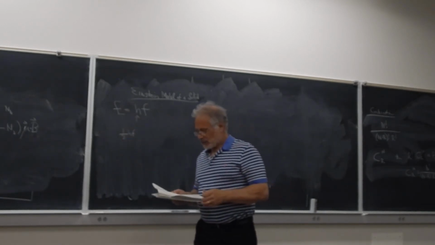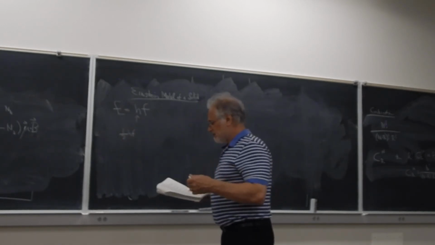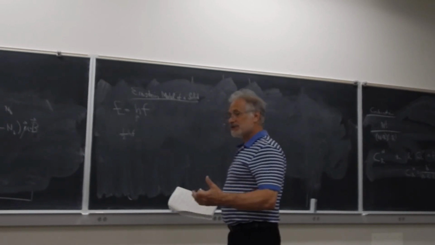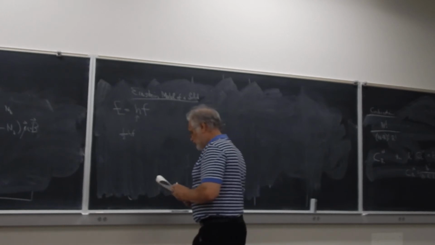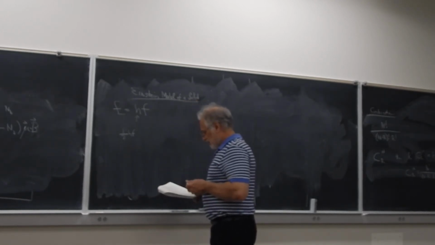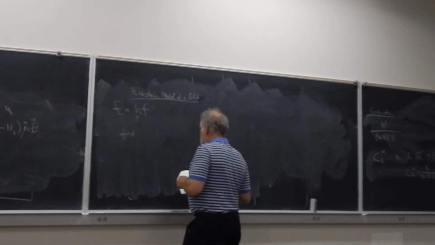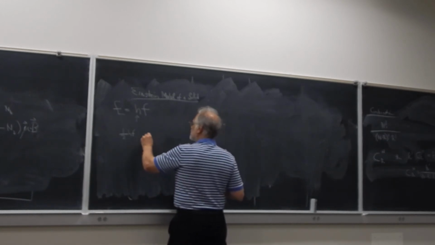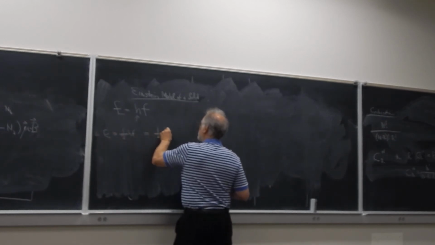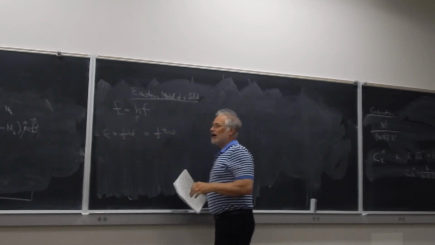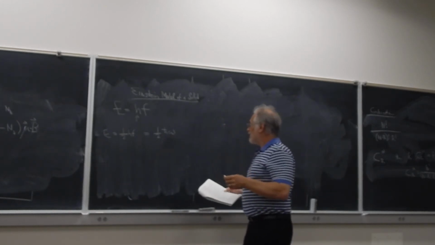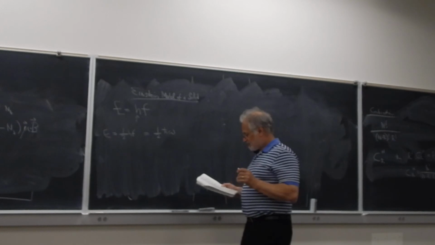Again, this is something we will do down the road, or you maybe will do in the quantum mechanics course when you solve the Schrödinger equation for the harmonic oscillator. Oftentimes we will write this energy, though, instead of h, as 1/2 h bar omega, where h bar is Planck's constant divided by 2 pi, and omega is 2 pi times the natural frequency.